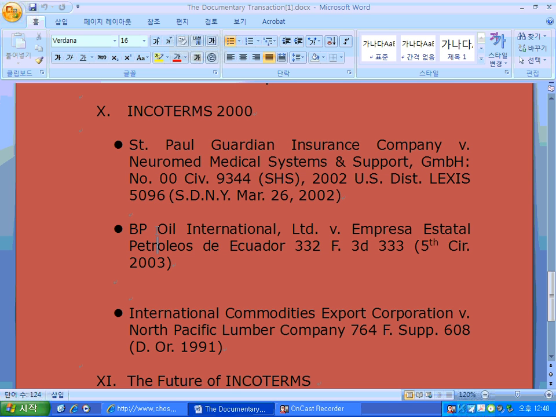Plaintiffs also cite to the payment terms clause of the contract, which specifies the final payment was not to be made upon seller's delivery of the machine to the port of shipment, but rather upon the buyer's acceptance of the machine in Congo City.